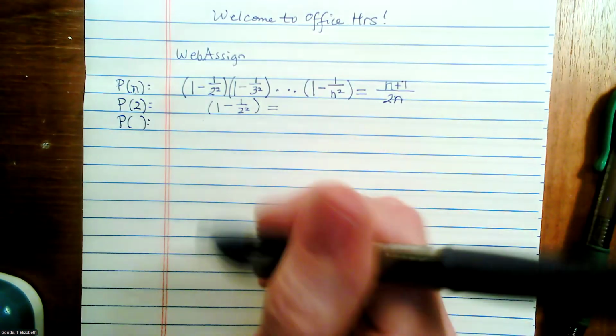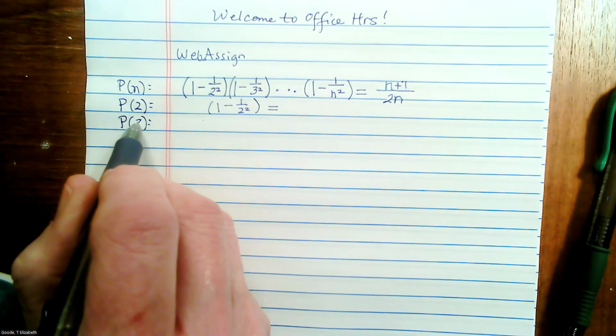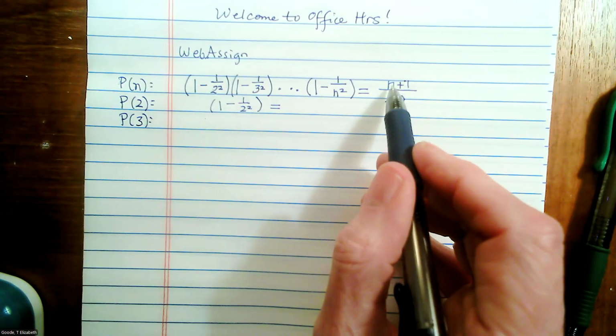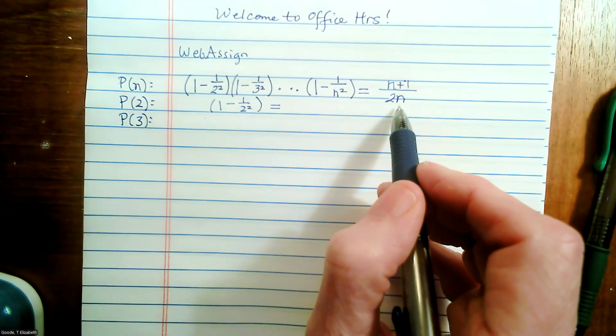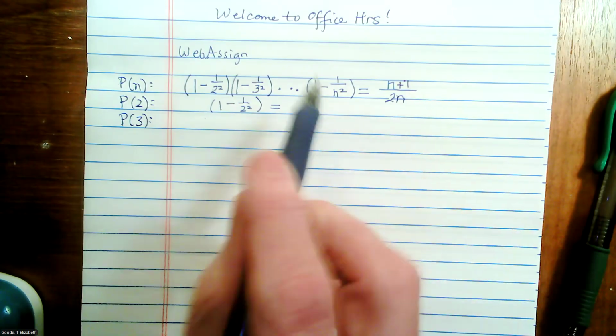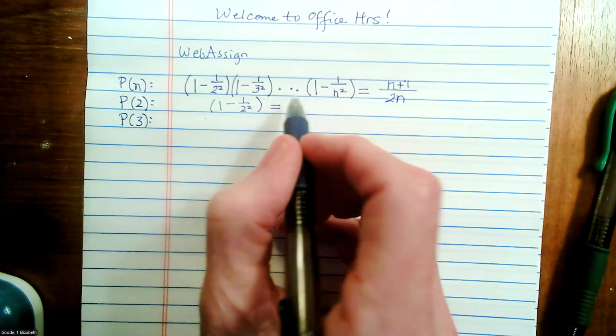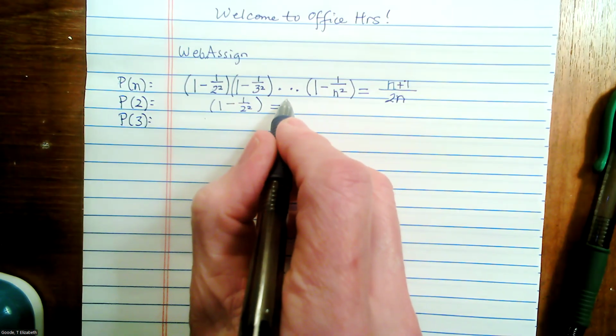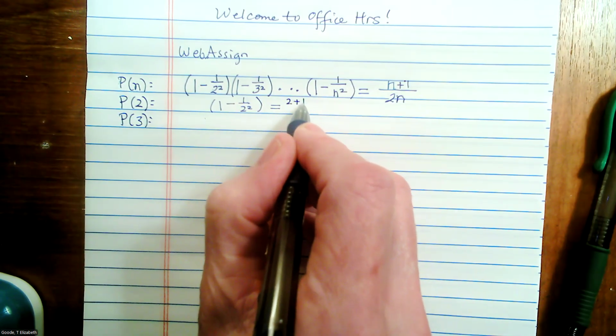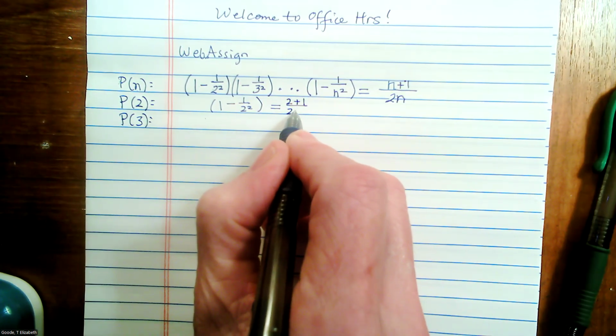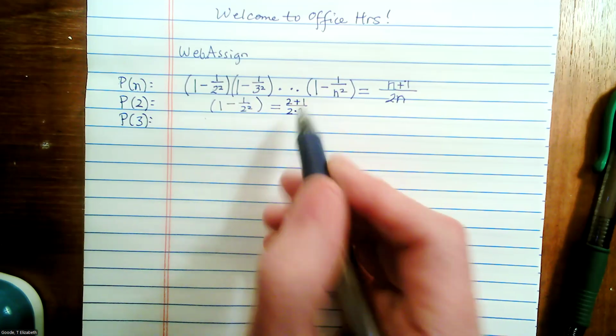But before that, the right-hand side of P of 2 is whatever we get when we plug in a 2 wherever the n is. So it would be 2 plus 1 over 2 times 2. That's right, which is just 3/4.